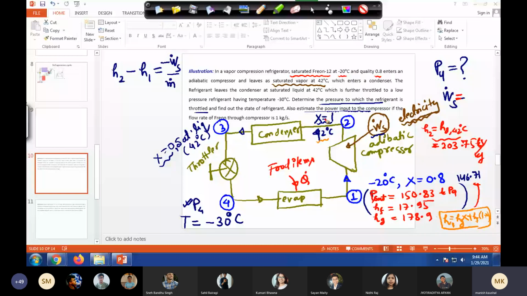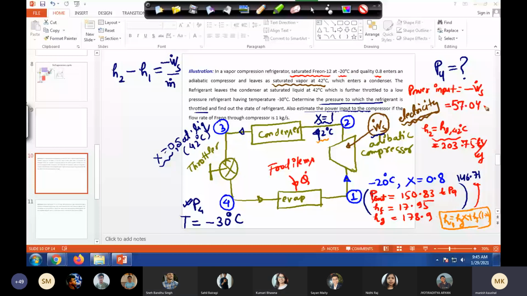So power input is nothing but minus of Ws dot, which will be equal to 57.04 kilowatt. Is it matching? That's what you are getting? Yes, perfect.